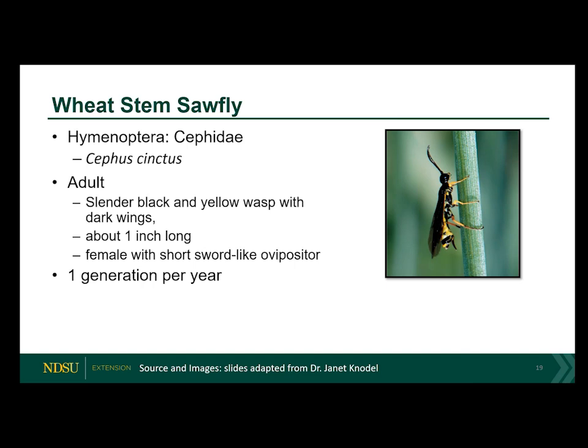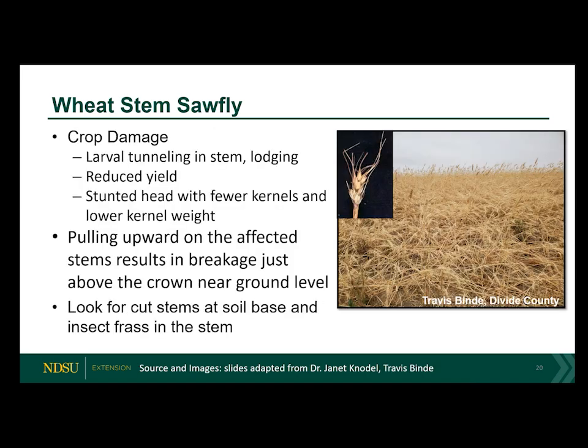Our adult looks like this, more of a slender shape. It's about 1 inch long, and the females lay the eggs, which then cause the damage that we see. We have larval tunneling into the stem, lodging, reduced yield, and a stunted head with a few kernels, lower test weight, or such.